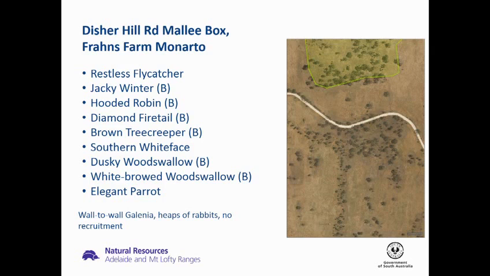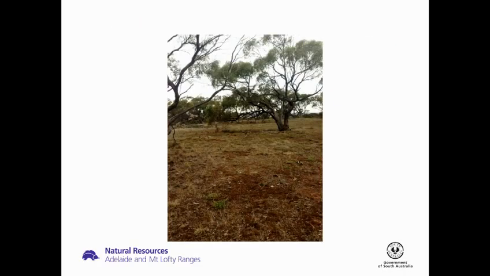But anyway, this area has basically all of the species that we're interested in. A lot of them are breeding, or even if we haven't seen nests, we've seen recently fledged juveniles, and David Payton would have heaps more data on this site than I do. Oops, don't know what happened there. And this is what it looks like.